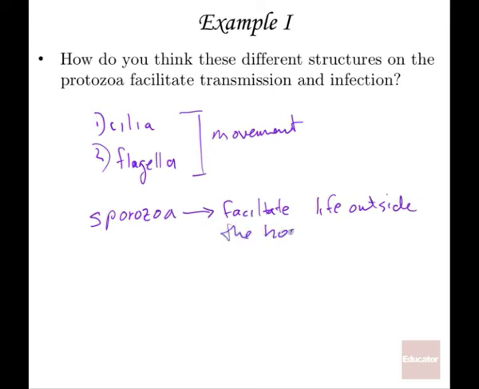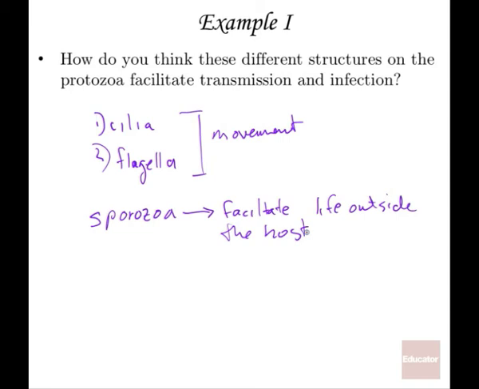Now, what other organisms also have this stage, right? We had fungi. Remember, we had the spores in the fungi. What other organism? We had the bacteria. Remember, some of those bacteria produce spores, like the tetanus bacteria had those spores that could live in the earth for a long period of time. Now, these spores from the protozoa cannot live as long as the spores from the bacteria.